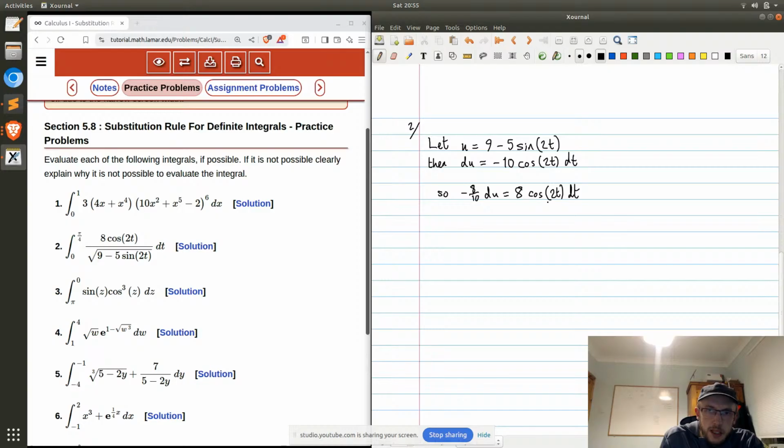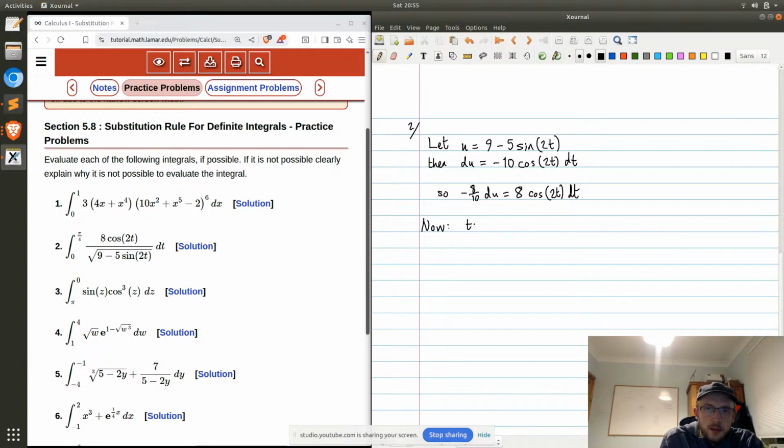Now I have that piece there, which is going to replace that piece right there. Now, here, this is secretly saying t equals 0 and t equals pi over 4.